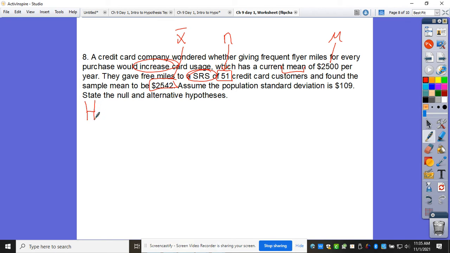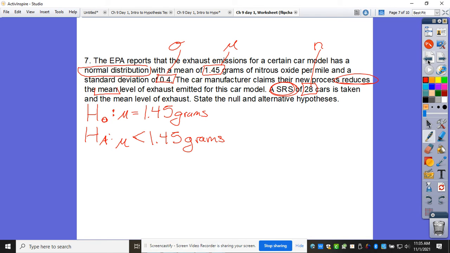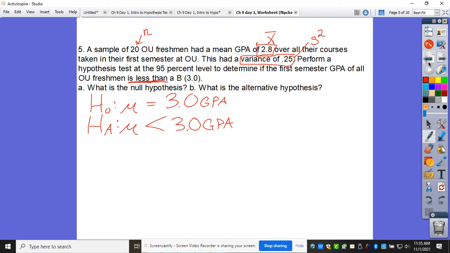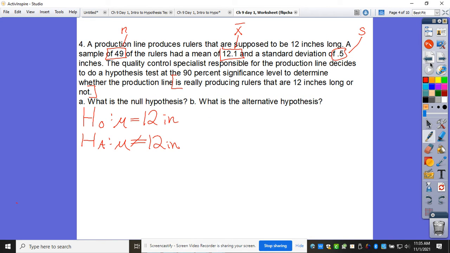So my null hypothesis in this one is... And there's a population. And so that's my what? Talking ahead here, which is not where we are today, I gave you S to some extent and X bar.